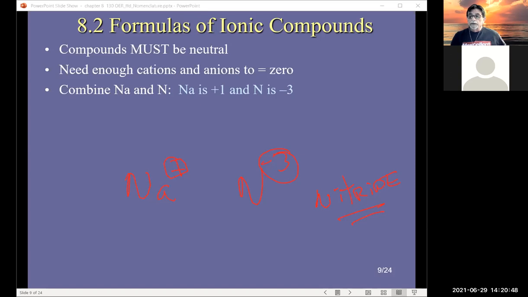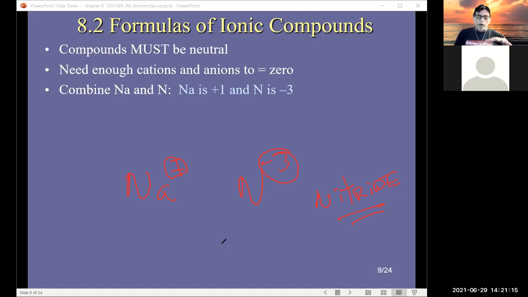Okay, nitride. The metal part, the name doesn't change. The non-metal part, the name changes. Nitrogen becomes nitride. Phosphorus becomes phosphide. Oxygen becomes oxide. Sulfur becomes sulfide. Fluorine becomes fluoride. Chlorine becomes chloride. Notice the thing in common, the -ide at the end.